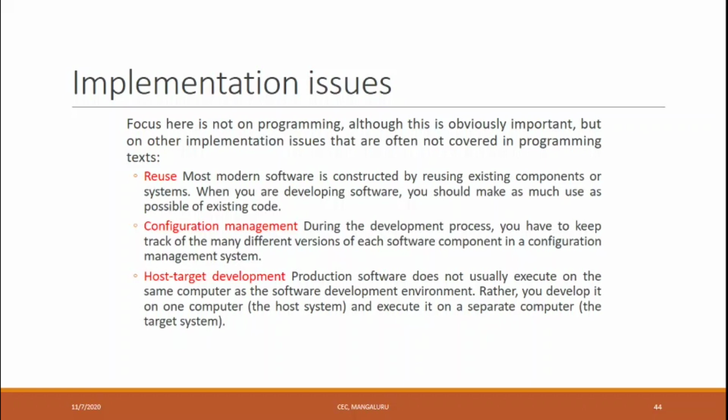Okay, and in the implementation issues, the critical stage of this process is of course system implementation, where you have to create an executable version of the software. So the main concept is the executable version of the software.